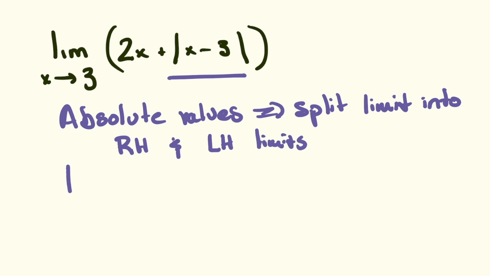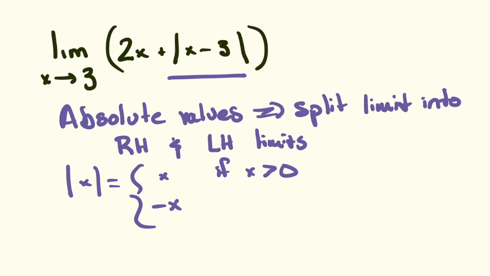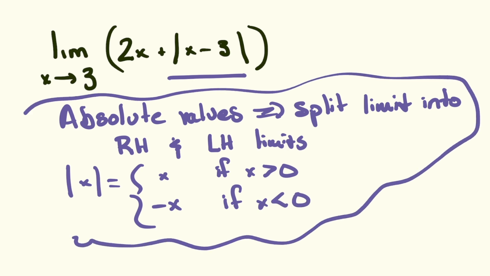And if we'll recall, absolute value of x is equal to just plain old x if x is bigger than 0, and negative x if x is less than 0. So this is the fact right here that we're going to be using to find the limit of this particular problem.